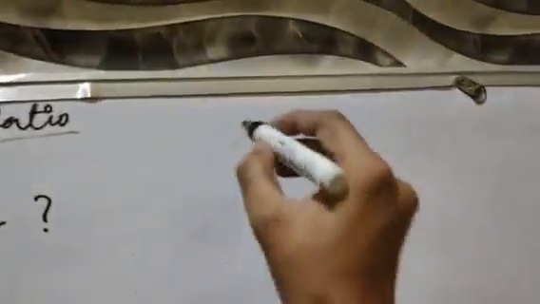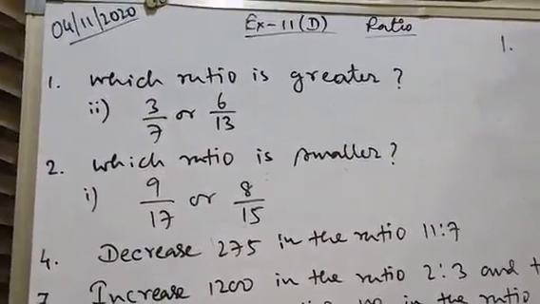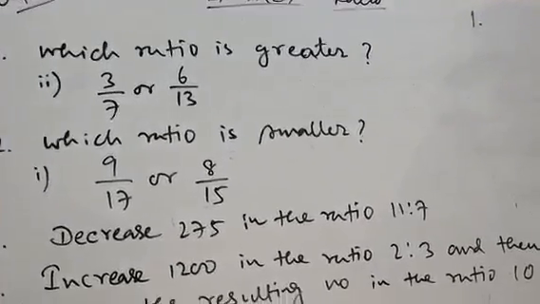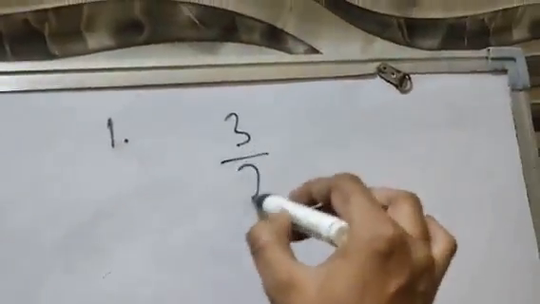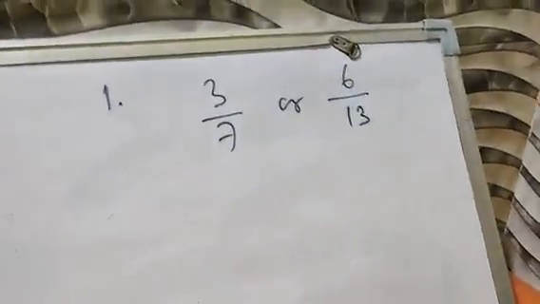So first, question number 1. The question is, which ratio is greater? We have two fractions, or two ratios, and we have to identify which ratio is greater. So 3 by 7 or 6 by 13. We will just cross multiply.